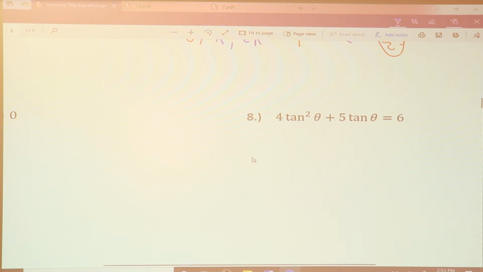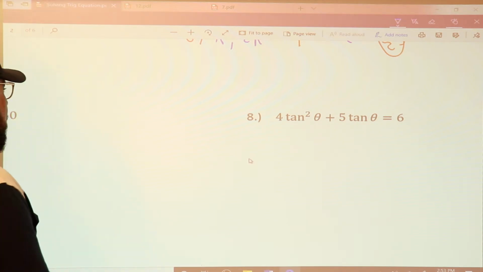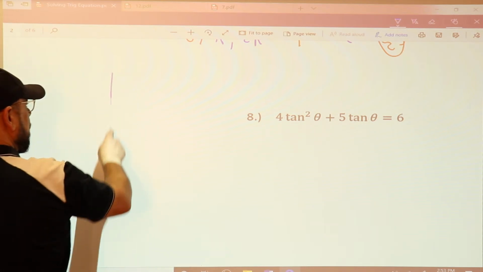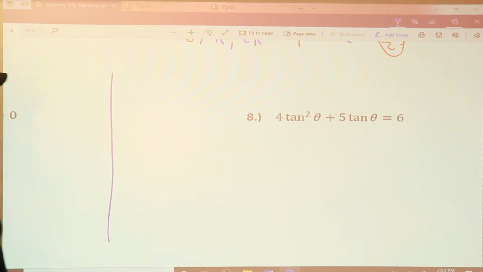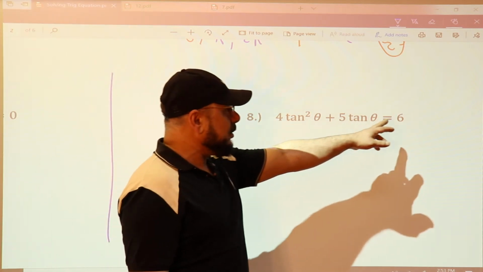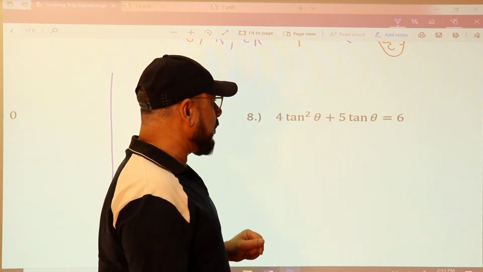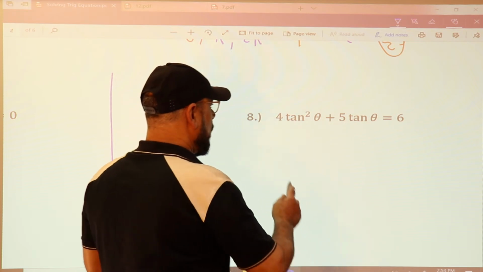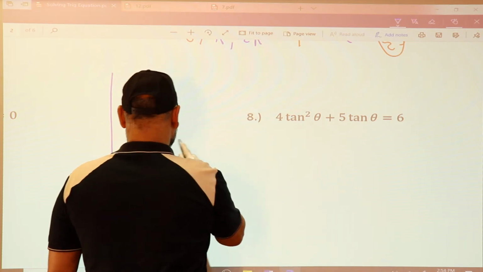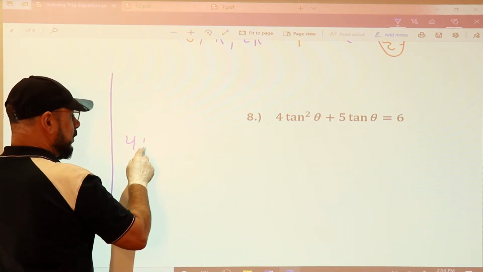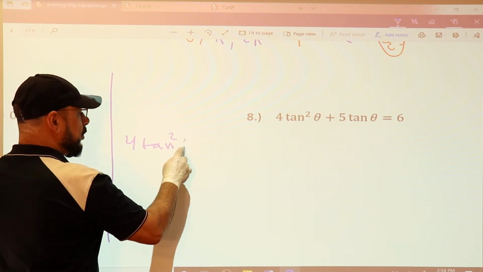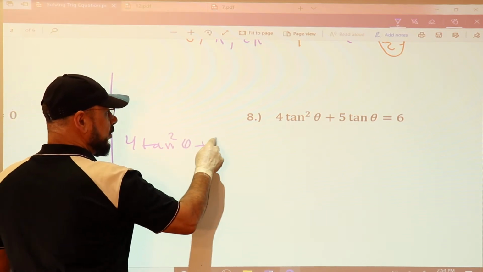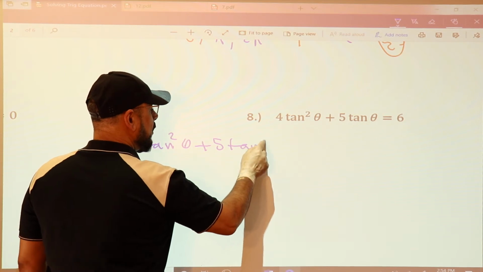Let us see this problem. For tan squared theta, I cannot solve this problem as is. I need to move the 6 to this side. It starts with 4 tan squared theta plus 5 tan theta.